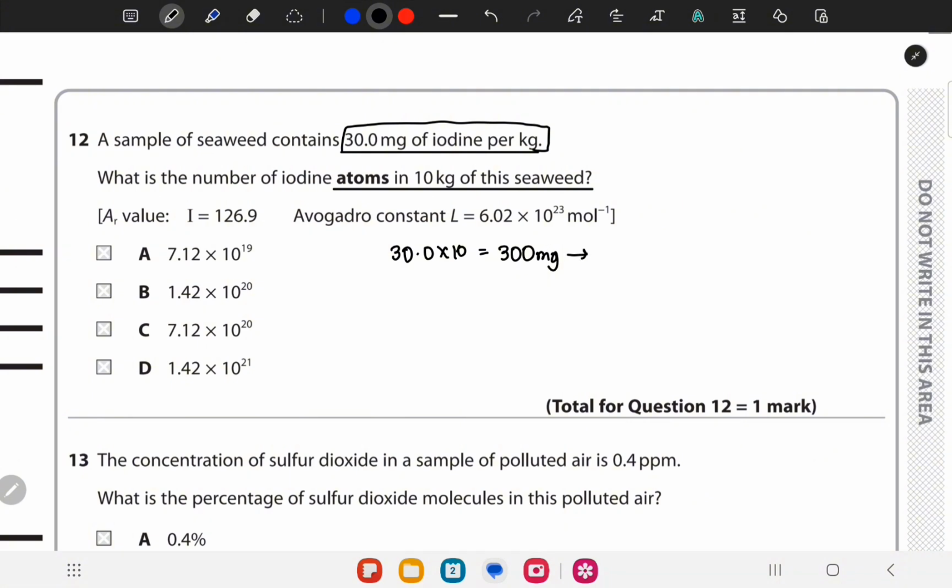We need to convert this into grams because our AR value over here is given in gram per mole, so we need this in grams. So if we convert this, we'll get 0.3 grams.